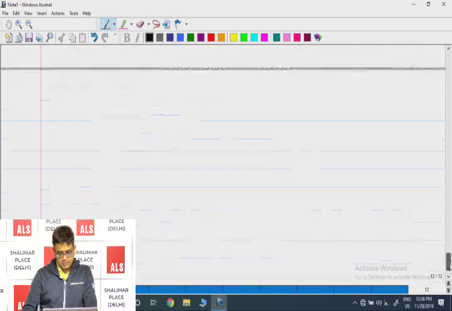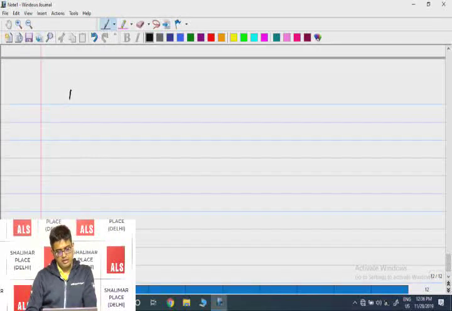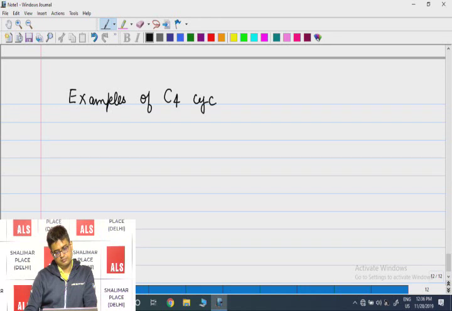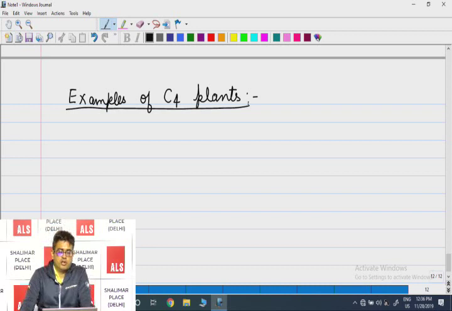The last part of this C4 cycle is examples of C4 plants. So what are the examples of C4 plants? One I have already told you, sugarcane. Maize is another example.